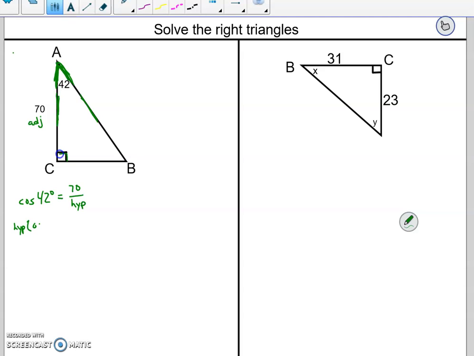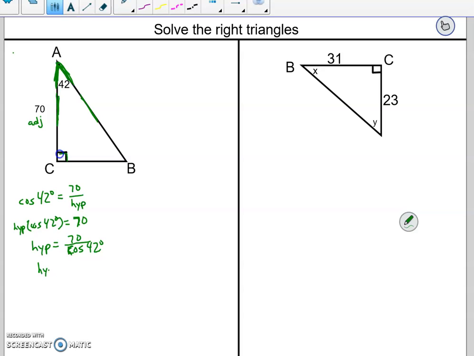So hypotenuse times the cosine of 42 degrees would be 70. And then I would divide both sides by the cosine of 42 degrees. So the hypotenuse equals 70 divided by cosine of 42 degrees.